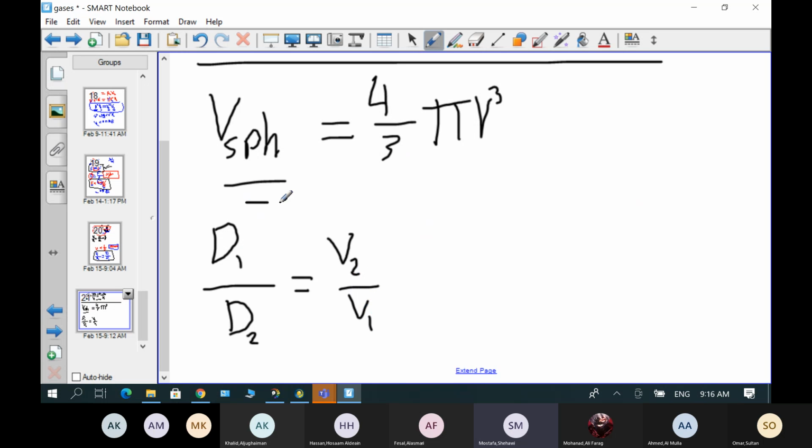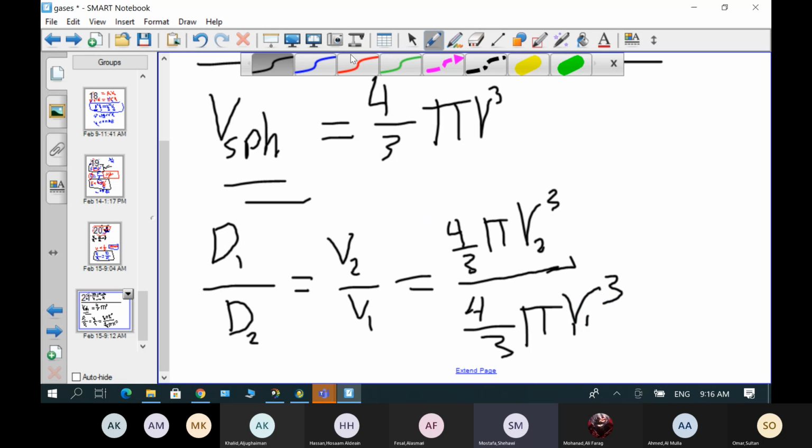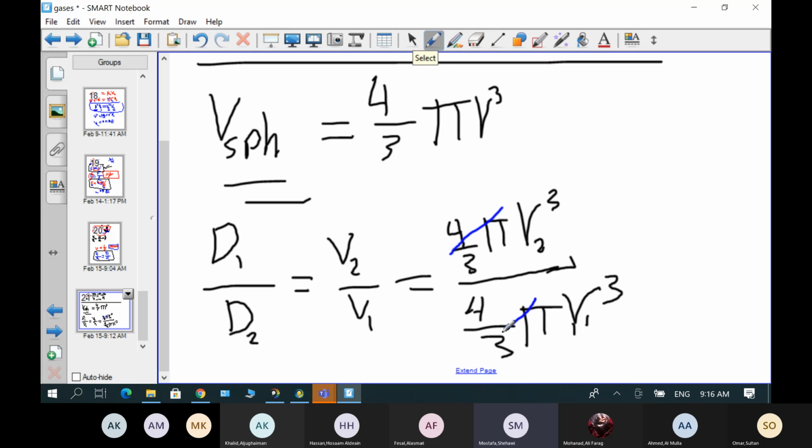But here, for the relation between the volumes, you can cancel this. So I can type this. It will be 4/3 pi r2 cubed divided by 4/3 pi r1 cubed. And what should we do? We will cancel this one with this one.